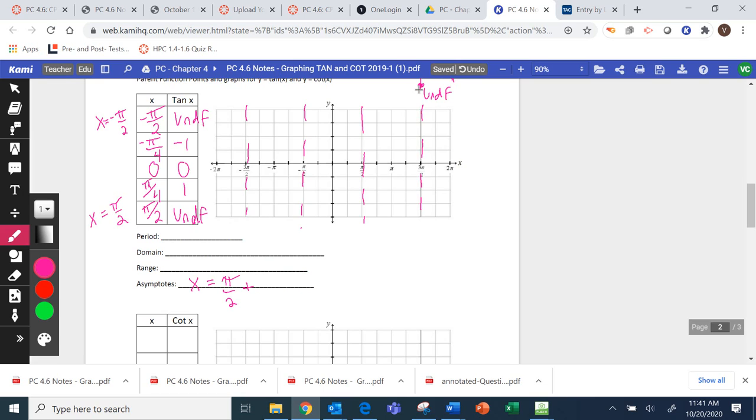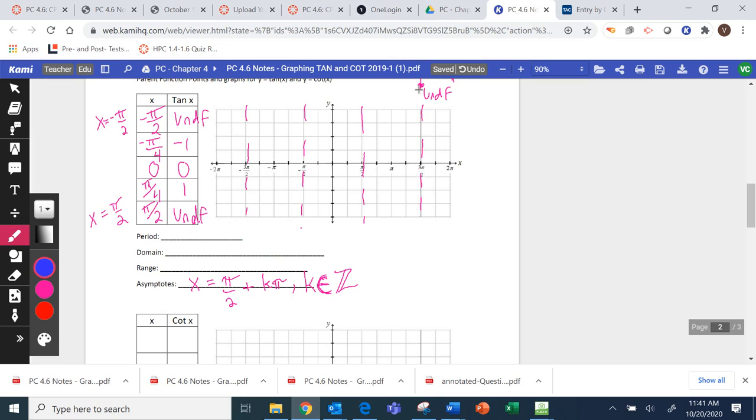Sarah, how far apart are these asymptotes? They are pi, so I'm going to say k pi. And then remember, k is an element in the set of integers. K is an integer. So I have my asymptotes.